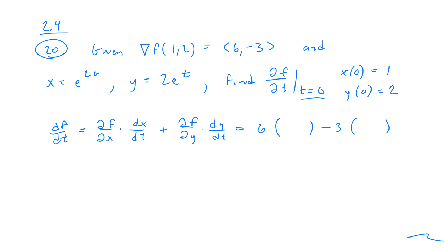So the first one is 2e to the 2t, or the way I usually do it, e to the 2t times 2. And the derivative of the second is just itself. And then we plug in t equals 0. And we get 2 for both. So we get 6.